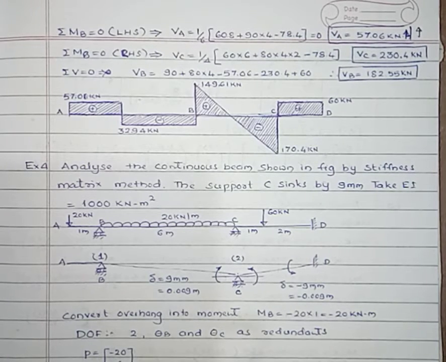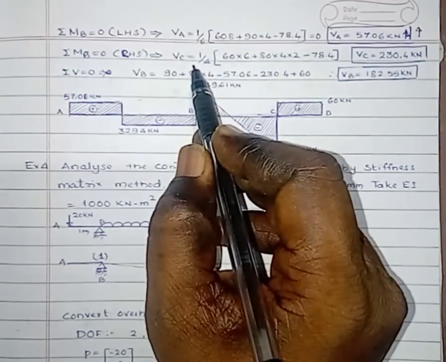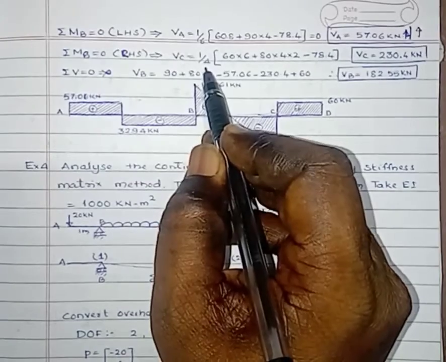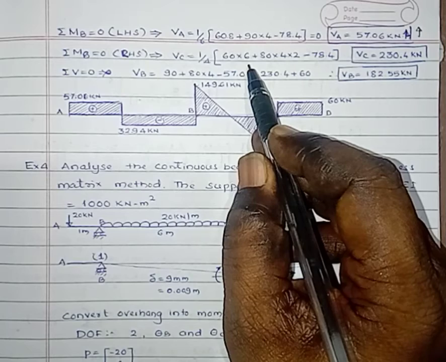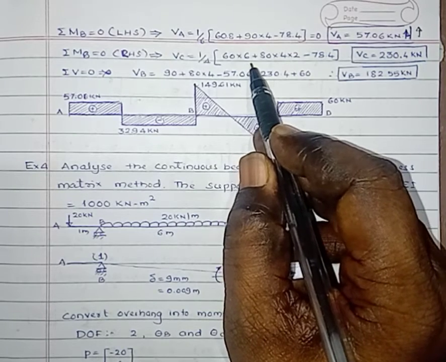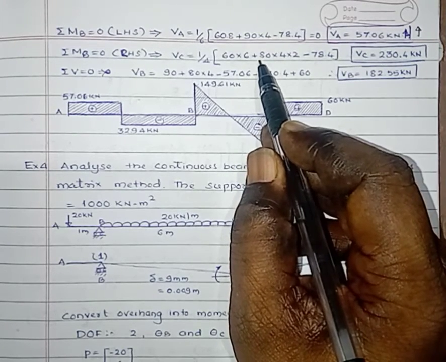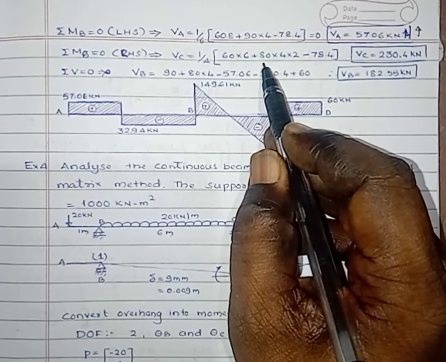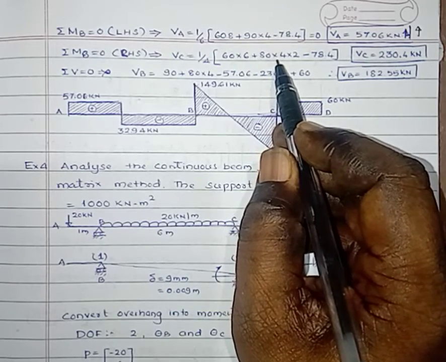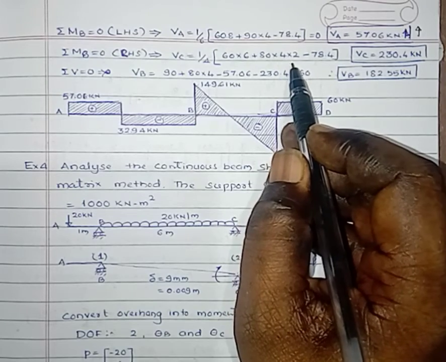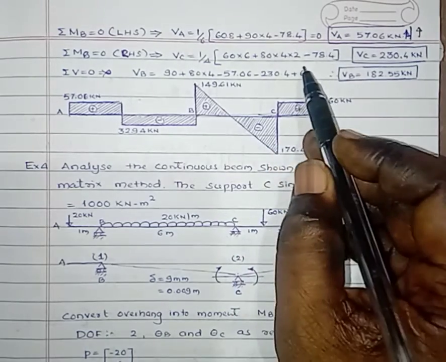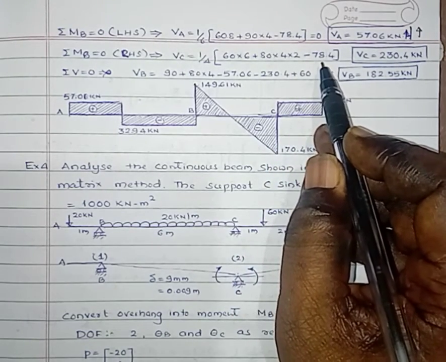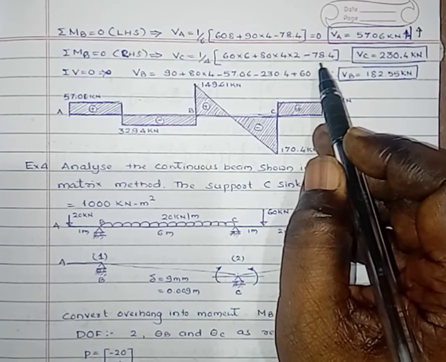Then summation of MB equals 0 by considering the RHS, taking moments: VC equals 1 over 4 times the bracket of 60 into 6, that is the point load acting at the free end, then due to UDL, that is 80 into the total span of 4 meter, which is acting at a distance of 2 meter, that is 80 into 4 into 2, minus the support moment 78.40.